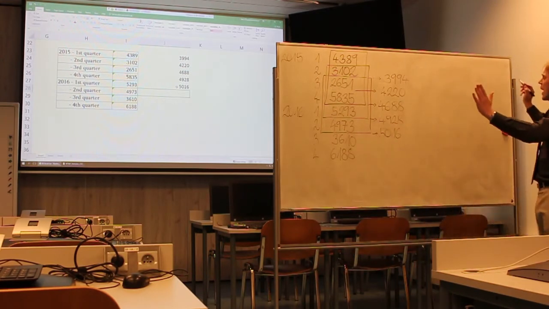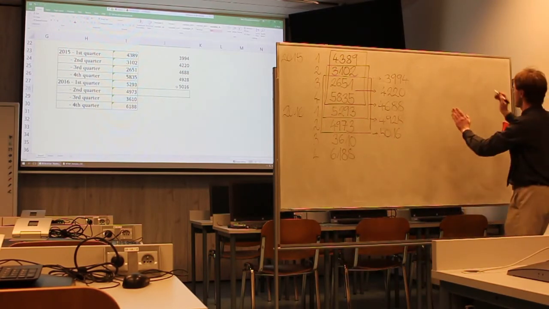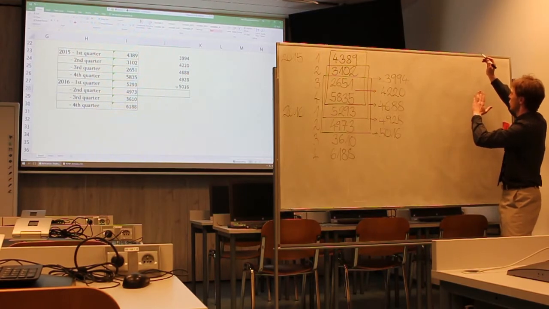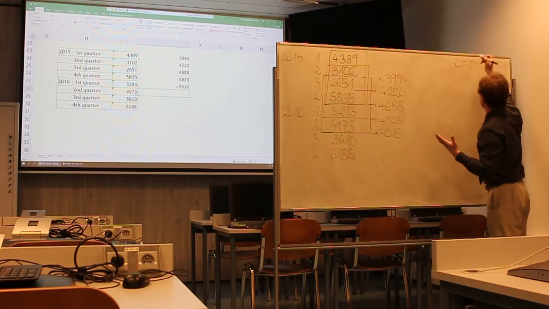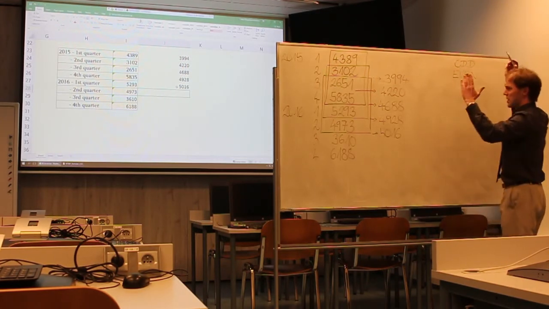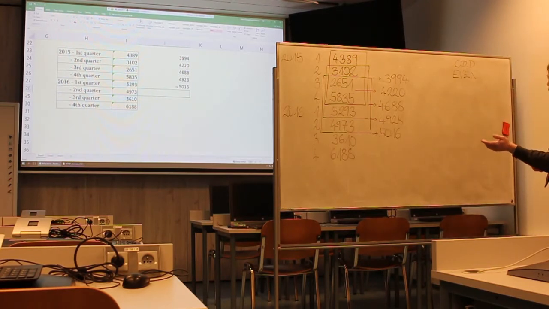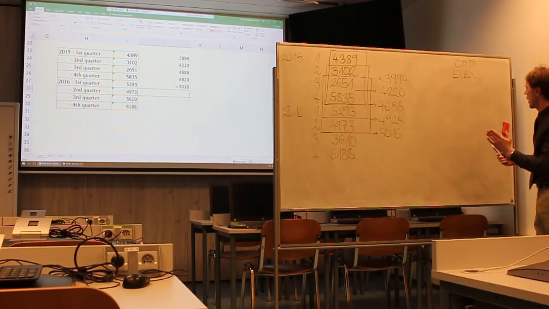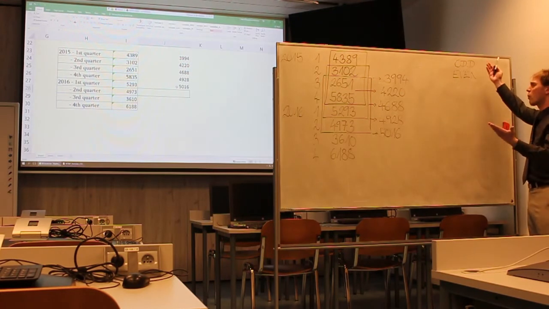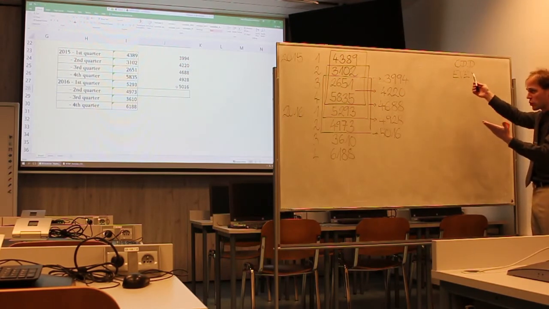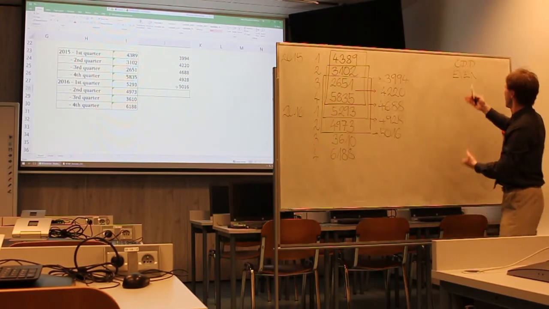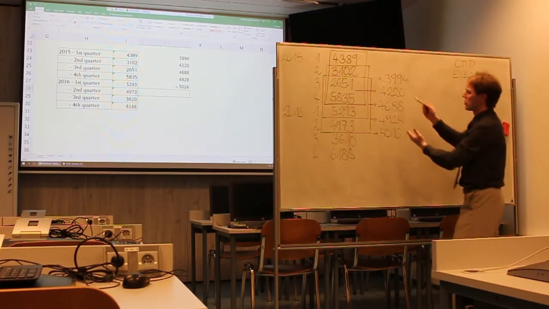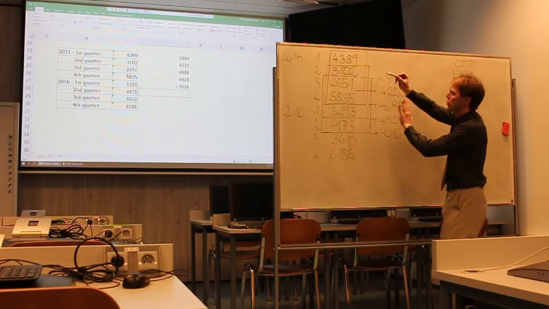Okay, and we will return to the information which was said at the beginning: odd and even. This is a quarterly time series, so an even length of the time series. If we calculate a moving average with the length 3, or 5, odd length, the result is written on the position of the median.